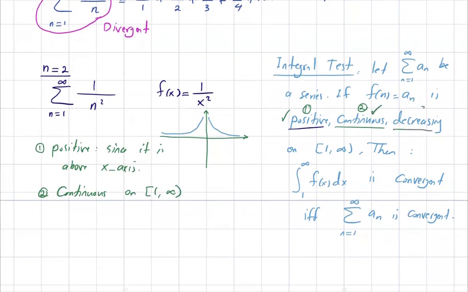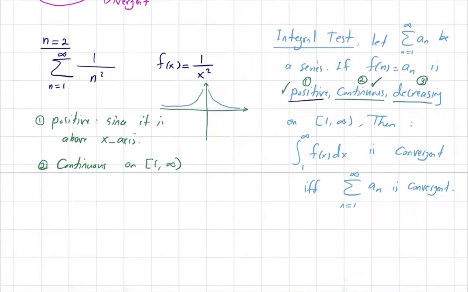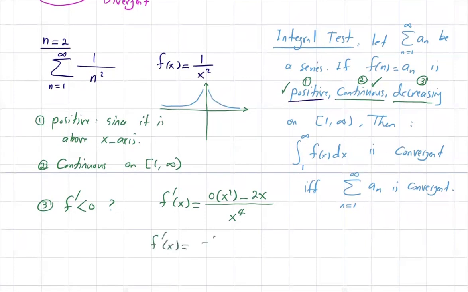Is it decreasing? To check to see if it's decreasing or not, you need to take the derivative and show that the derivative is negative. So the derivative of this function is 0 times x squared minus 2x divided by x to the fourth, or the derivative of the function is equal to minus 2x divided by x to the fourth.